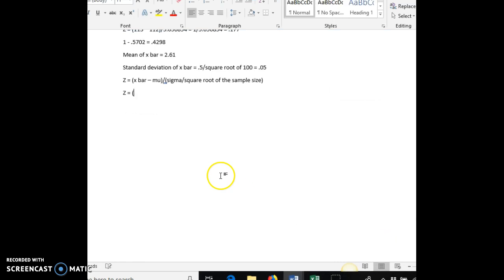So 2.51 minus the mean of x bar, 2.61, divided by, well, we've already done the calculation of sigma divided by the square root of the sample size, so we don't need to do that calculation again. Let's just put 0.05 in the denominator. All right, so now we have negative 0.10 divided by 0.05.